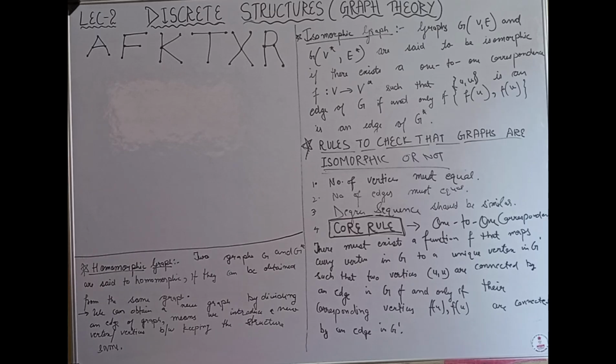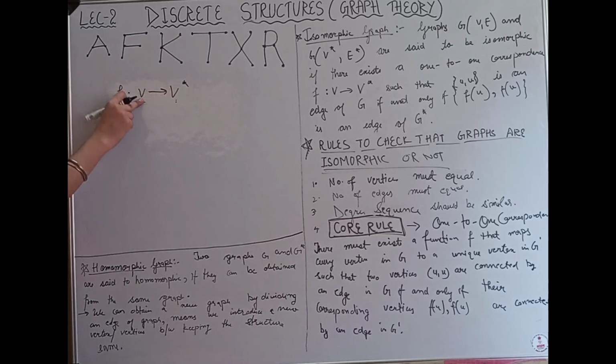First of all, let's understand what we mean by isomorphic graphs. If we have two graphs G(V, E) and G*(V*, E*), star is just to distinguish that we have two separate graphs. These two graphs are said to be isomorphic if there exists a one-to-one correspondence between the two graphs. The correspondence is denoted by f such that V to V star, the correspondence between two vertices.